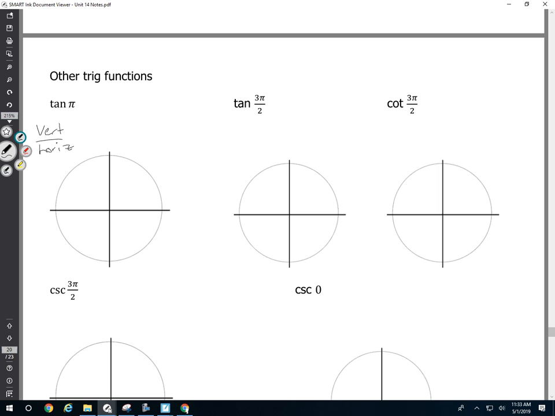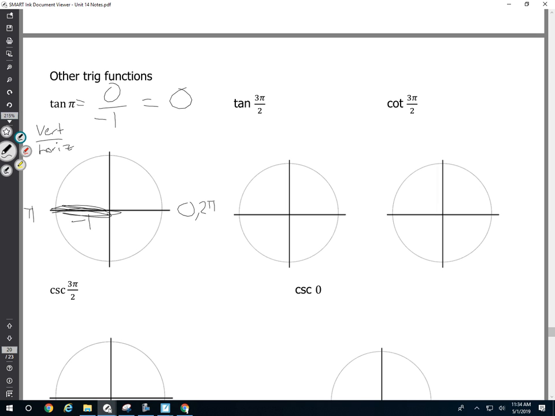Where's pi? No, that's 0. Pi's over here. Remember, this is 0 around our circle, 360 degrees, 2 pi, half of that pi. Vertical, 0. Horizontal, -1. But I'd write it as 0 over -1 is 0.